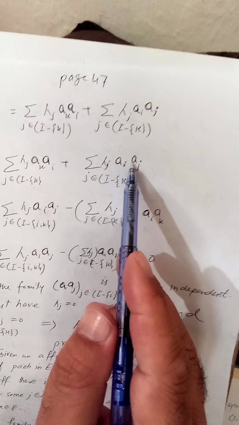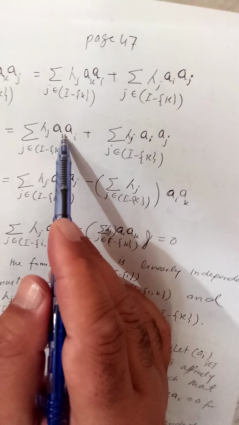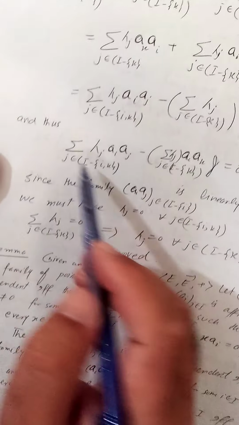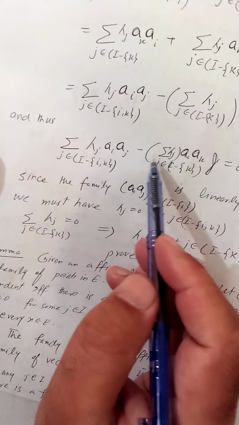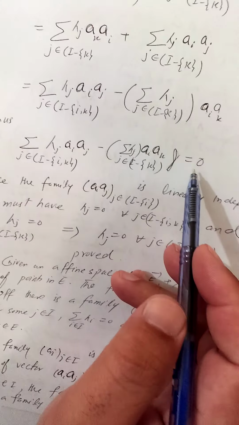Here I inserted this summation and inverted ak ai to ai ak. Now the summation of lambda j ai aj minus the summation of lambda j ai ak is equal to 0.